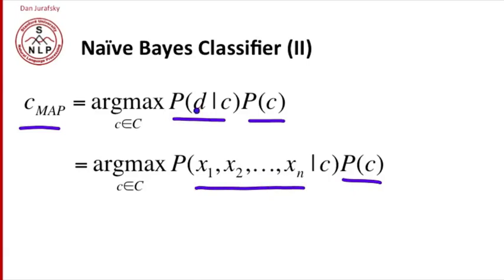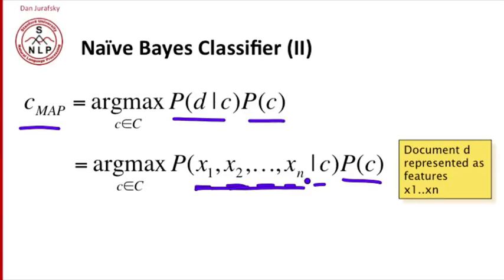So when I say the probability of a document given a class, all that means is the probability of a vector of features given the class. P of D given C, we're going to represent by the joint probability of x1, x2, up through xn given the class. In other words, we're representing this document D as a set of features x1 through xn. That still doesn't tell me how to compute this probability, but it's a start.